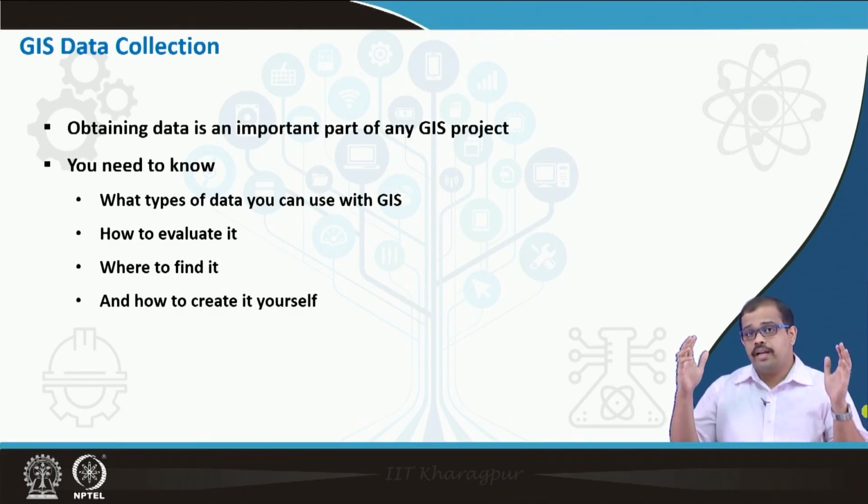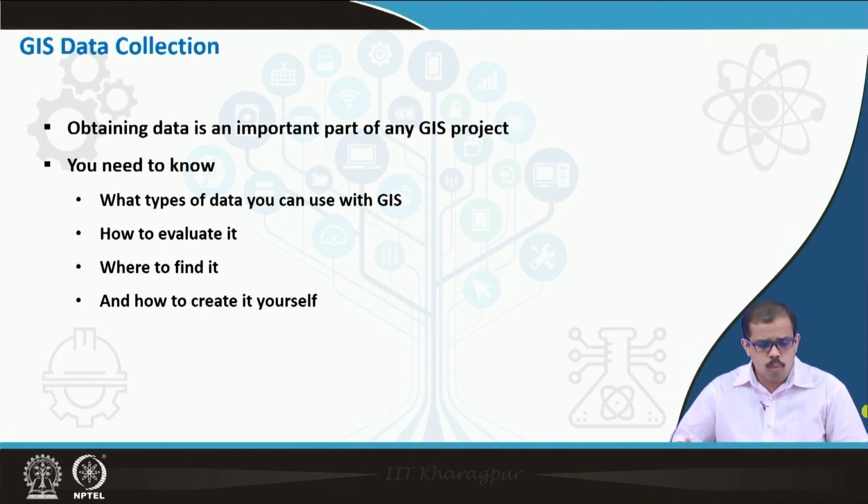But why it becomes extremely difficult is probably because we do not know the source of data, or we do not know how to actually generate data and how to handle it. So, what we need to understand here is what types of data you can use with GIS. It can be any type of data, but how do you evaluate it, how do you actually use it, how do you evaluate it for being better data.